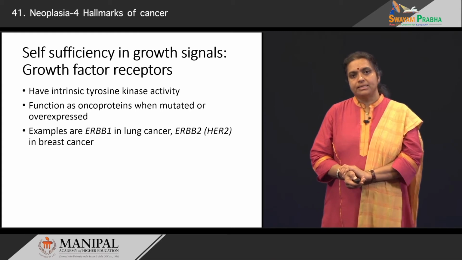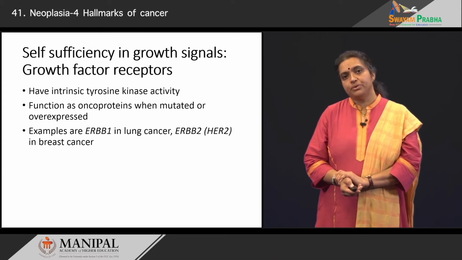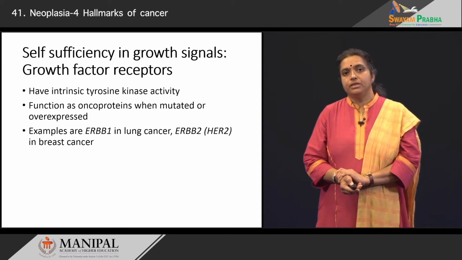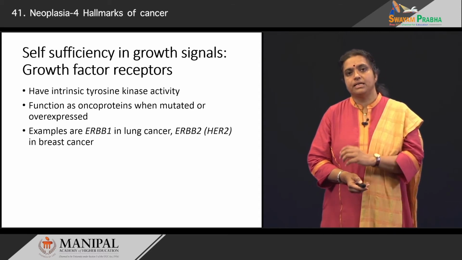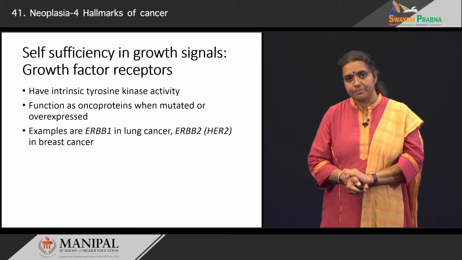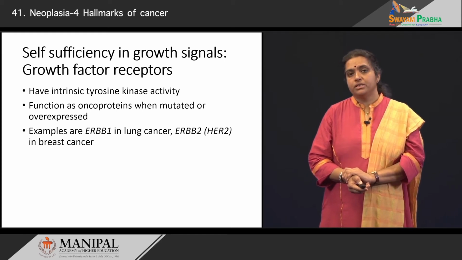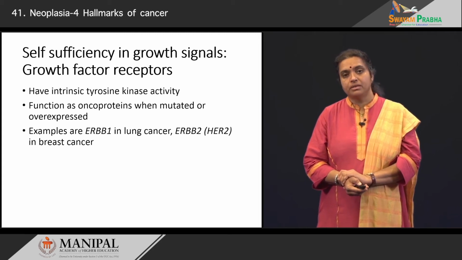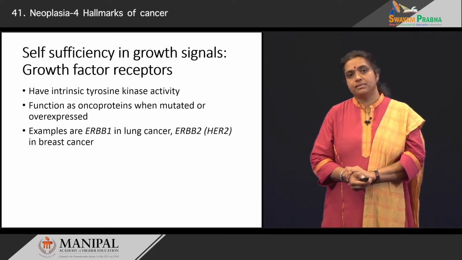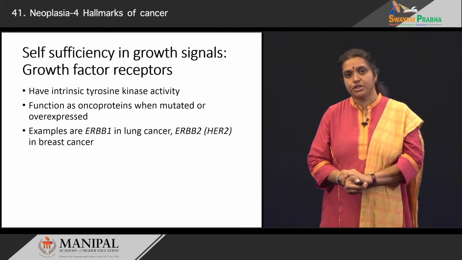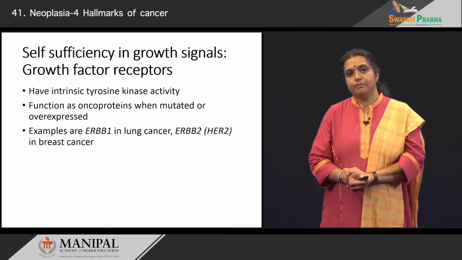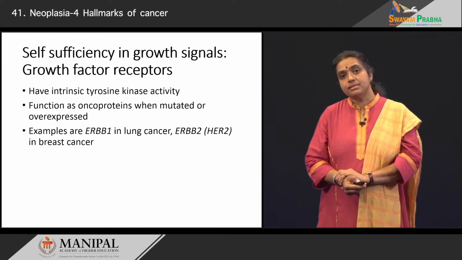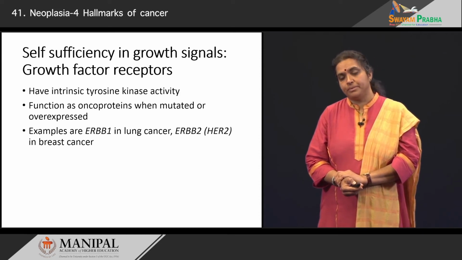The second mechanism has to do with the growth factor receptors. We saw in the diagram that the growth factor comes and attaches itself to the growth factor receptor. Now, if there is a mutation in the gene that encodes the growth factor receptor, it could convert this receptor into a self-sufficient kind of protein, in the sense that it will acquire an intrinsic tyrosine kinase activity.